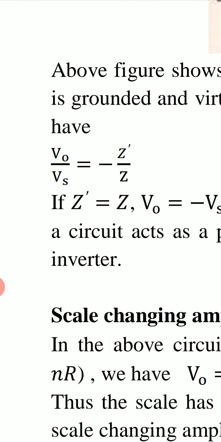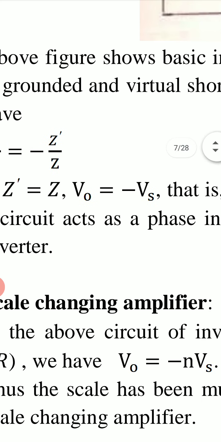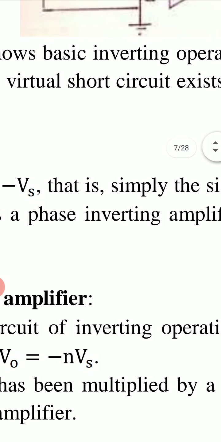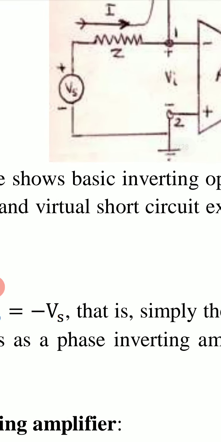If Z dash equal to Z, then we have V output upon Vs equal to minus 1, that is V output equal to minus Vs. That is simply the sign of input has been changed. So output of this operational amplifier will be equal to that of its input Vs multiplied by minus sign.